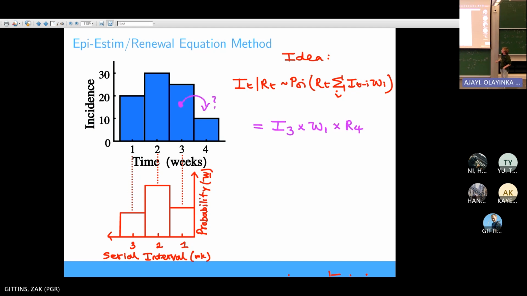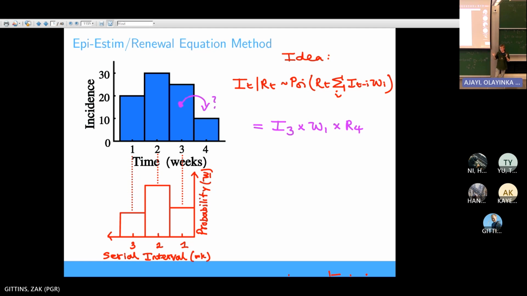So the question is, how many infections will people displaying symptoms on week 3 generate on week 4? I think the way to think about it is, over the course of their entire infectious period, if the reproduction number at week 4 was the same, you'd expect it to be I3 times R4.